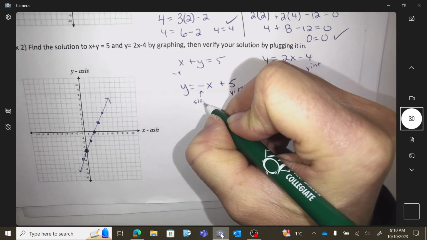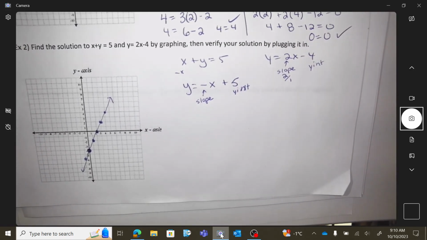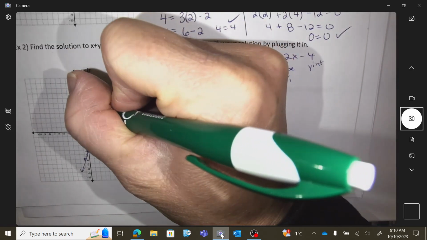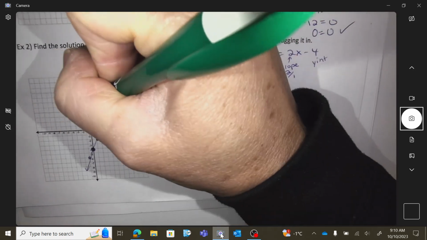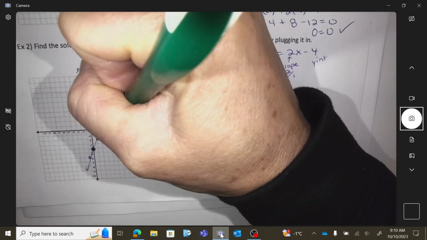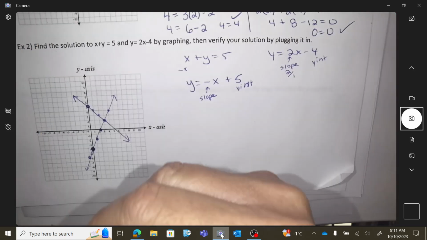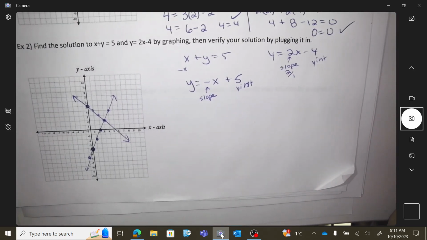Here's your slope. So again, start at 5 on your y-axis, and then you're doing a down 1, right 1, down 1, right 1, until they intersect.